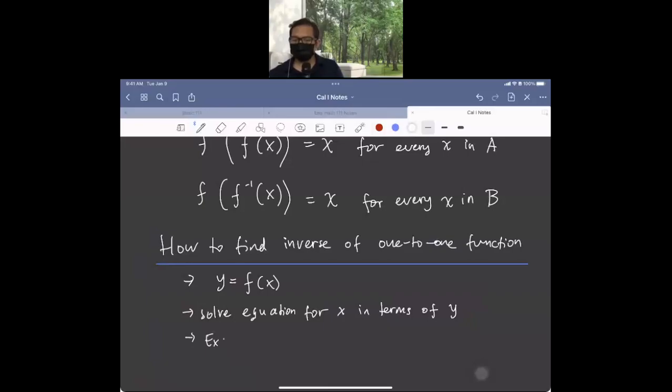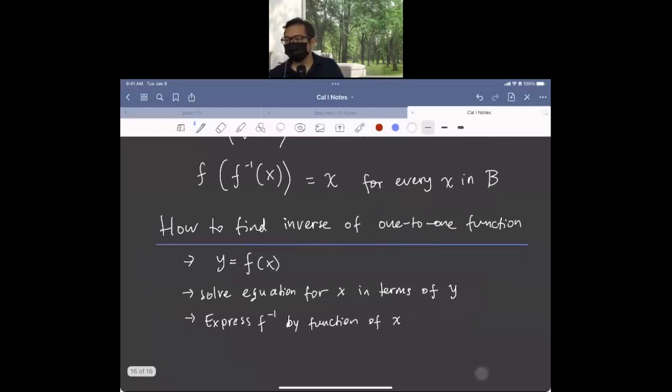And then express the f inverse as a function of x, which means we substitute back, or interchange, the x and y.